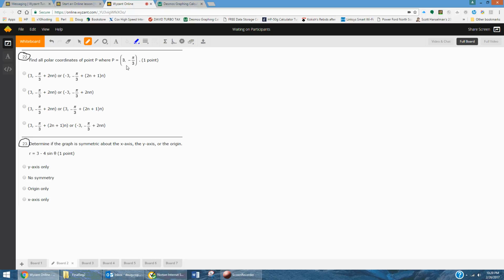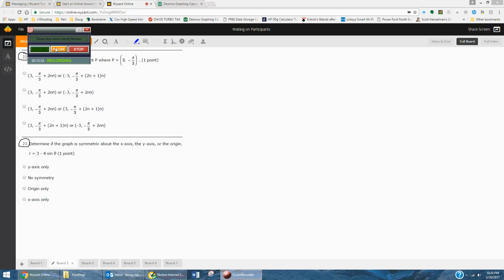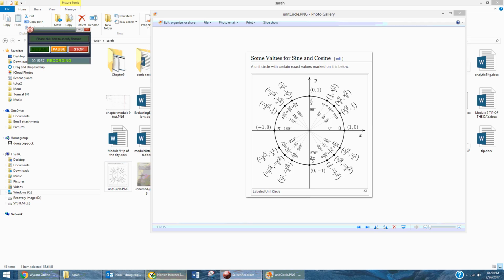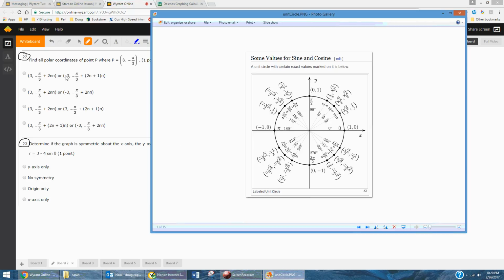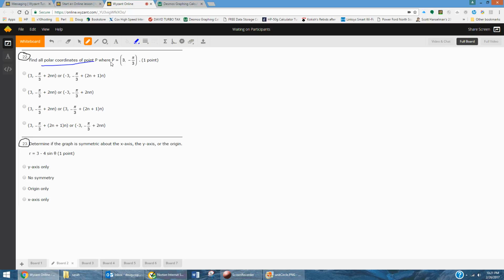I'm going to pause the video and bring up the unit circle. Okay, there's the unit circle. Whoops, I covered it up. So for this problem, polar coordinates, the point is 3, negative pi over 3. What does that mean?